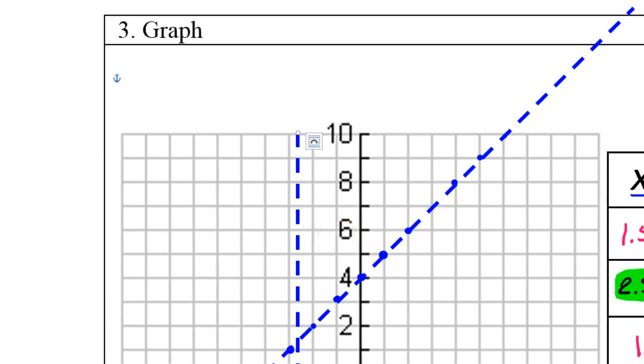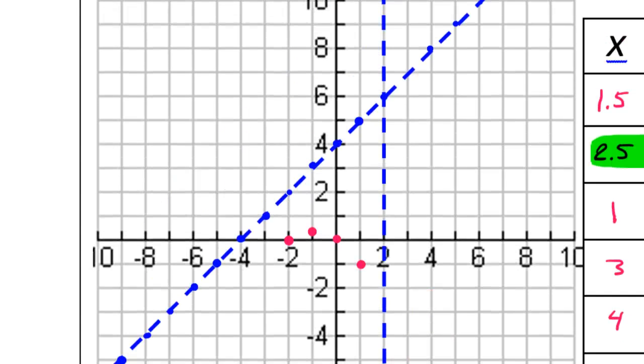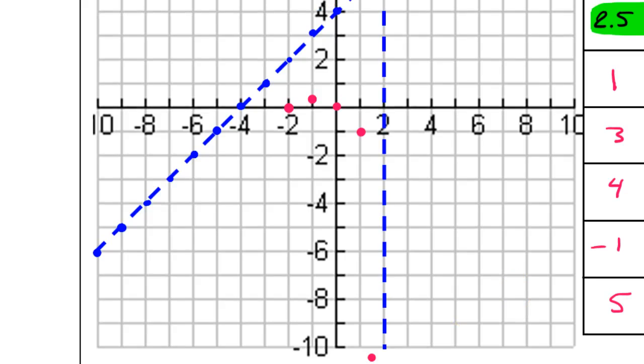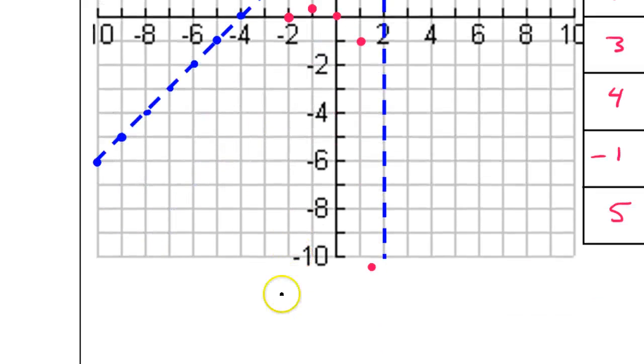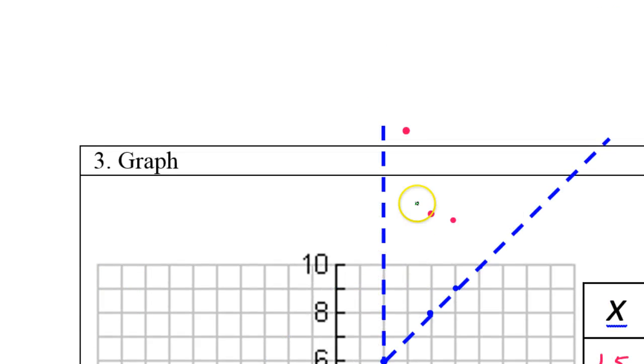Alright, so here I've graphed the points as best I can. This one is a little bit off the graph. That's that negative 10.5 hanging out down here. But you can get the idea that there's a branch going in here. And then up here, I've got these 3 points way up high.